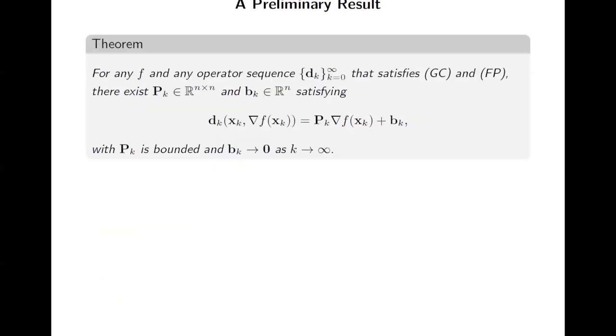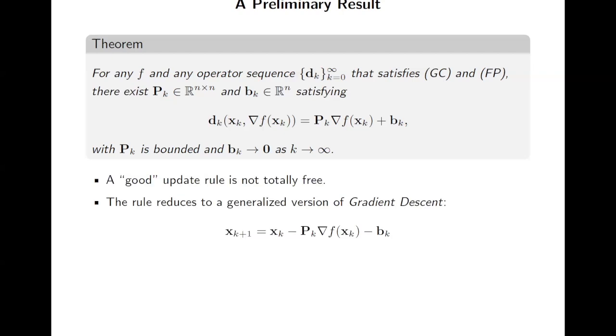Based on these assumptions, we find that the operator can be written in a linear form related to the gradient. If we plug this operator back into the iterative scheme, we find that it's actually a generalized version of gradient descent. The difference from standard gradient descent is pk and bk.